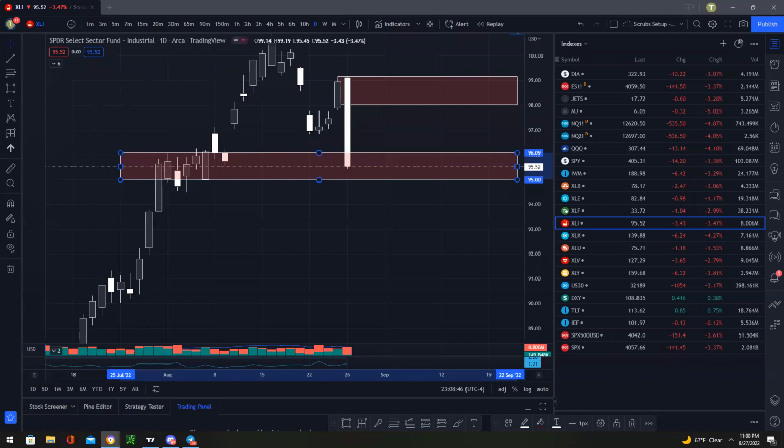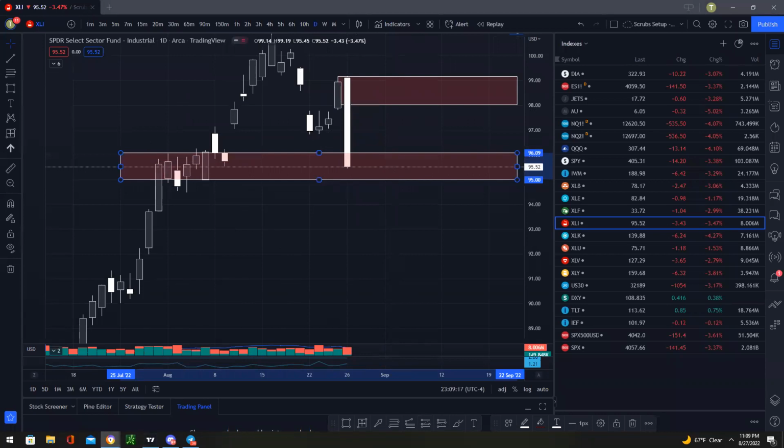There is a fair bit of heavy flow on the 916, for the $200 calls. $900,000 premium came in for the $200 calls September 16th. So I really wouldn't want to short this because we are in this base area. So you could possibly look for a bounce also in the industrial sector.